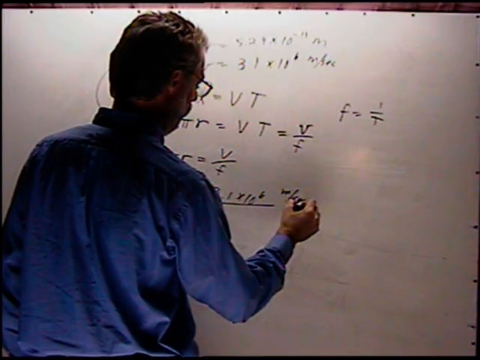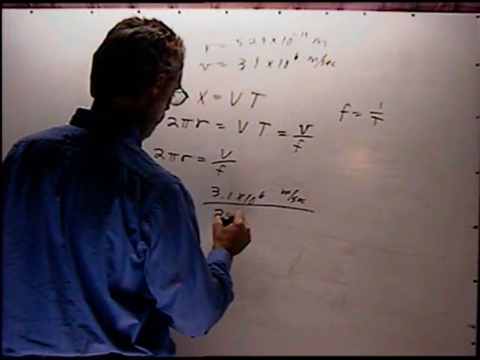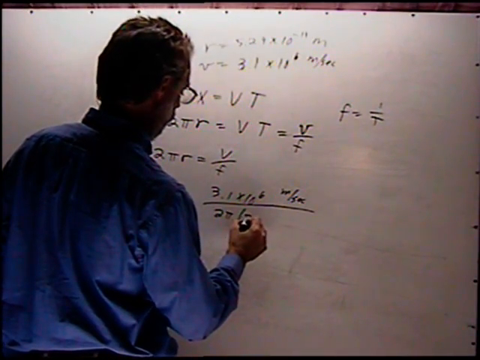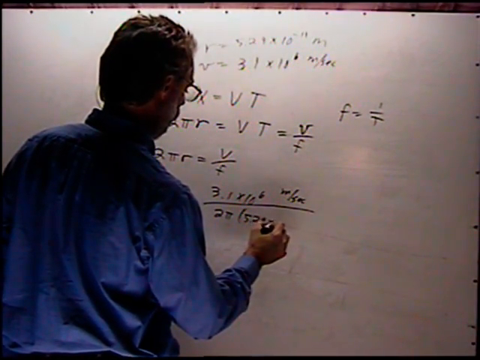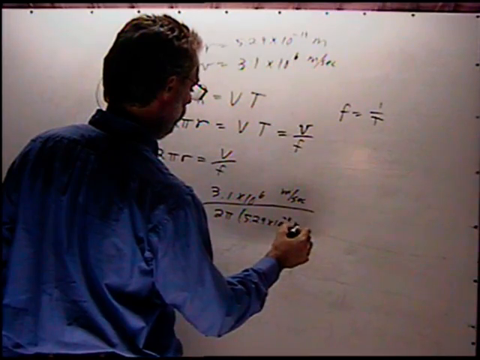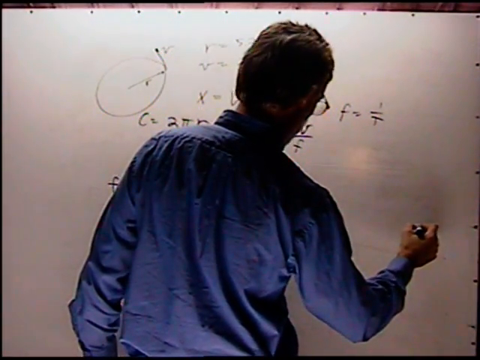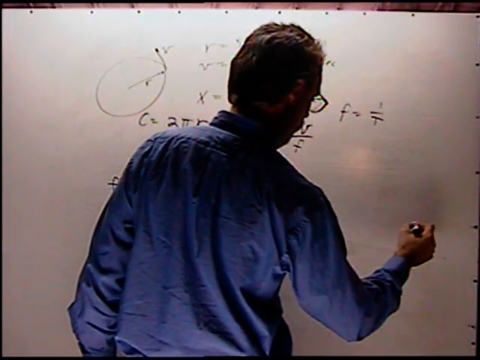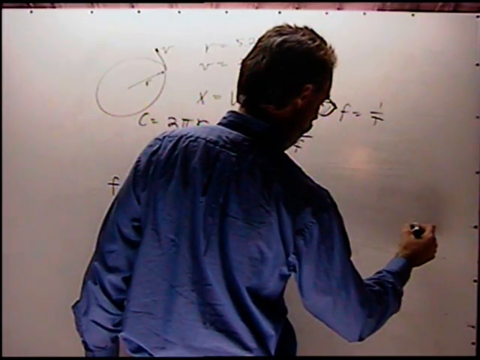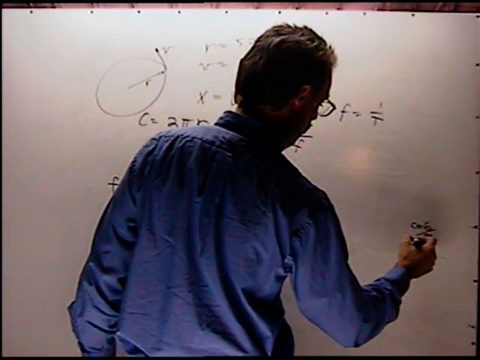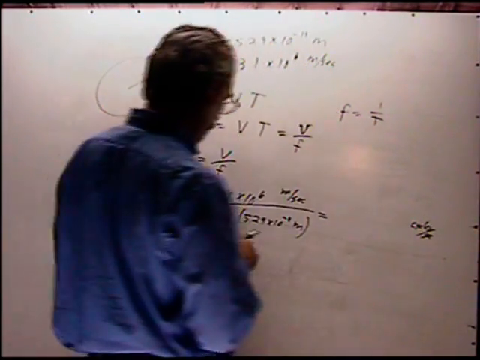Meters per second divided by 2 pi times a radius, 5.29 times 10 to the minus 11 meters. Notice I'm going to get a number that's basically cycles per second. That's the same thing as hertz.